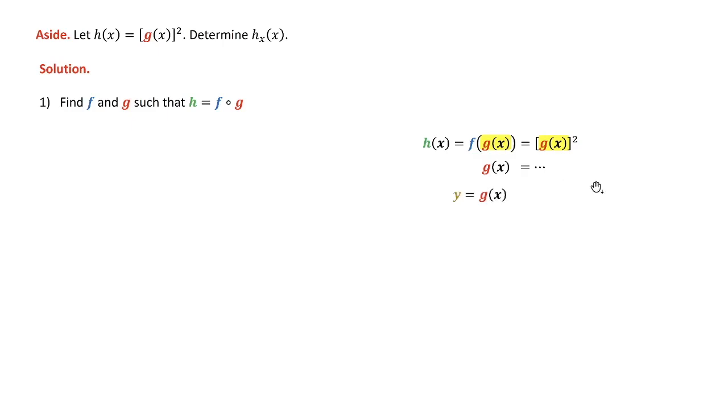Now we know y is g of x. So let's identify the function y, right? So our function of y is going to be y squared. So here we have it, right? F of y is y squared. Y equals g of x is, again, there is a function there. I just don't know how to write it down, so we'll pretend in this case, explicitly.